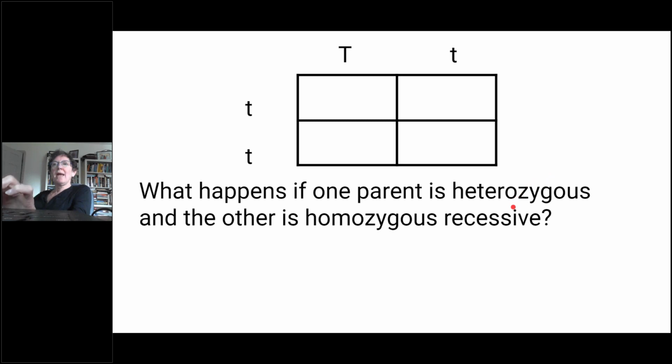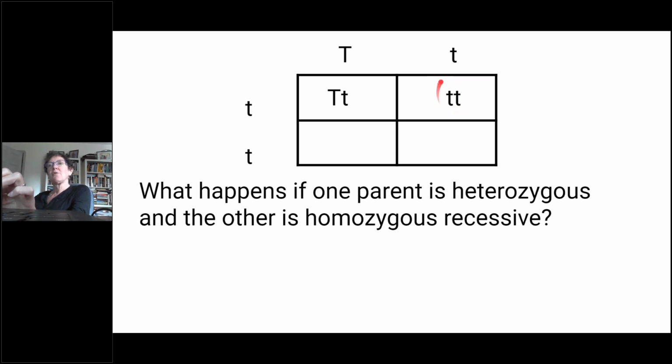So what happens if one parent is heterozygous and the other is homozygous recessive? So there's our homozygous recessive. Here's our heterozygous parent. So this one looks very familiar, capital T, capital T. That one looks very different. We haven't seen this before.